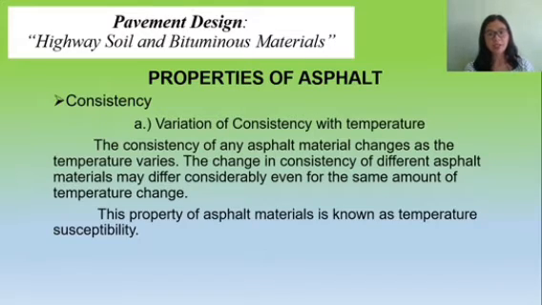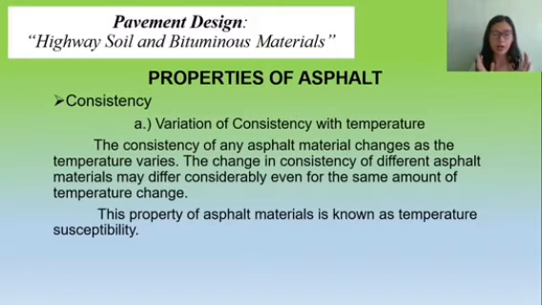The change in consistency of different asphalt materials may differ considerably even for the same amount of change in temperature. For example, we have two different types of materials: the blown semi-solid asphalt and the semi-solid regular paving grade asphalt. With this, we have the same consistency at a given temperature.